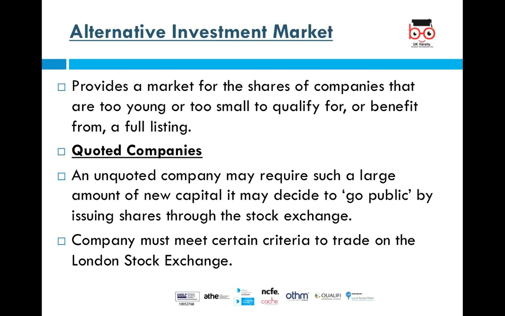And there is another source, the alternative investment market, which provides a market for shares of companies that are too young or too small to qualify for a full listing. So if the capital market is bypassed, the borrower can raise money in this alternative way. That's the alternative investment market.